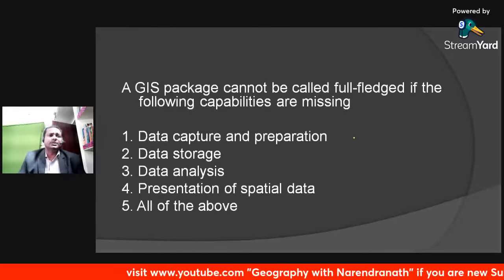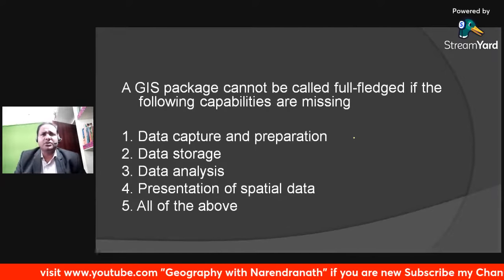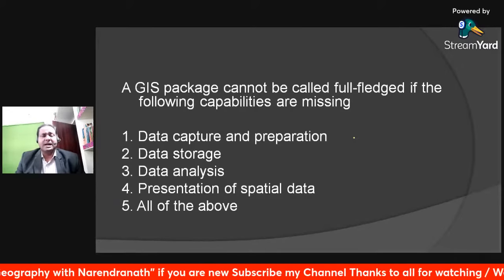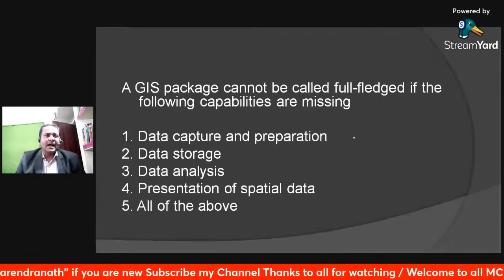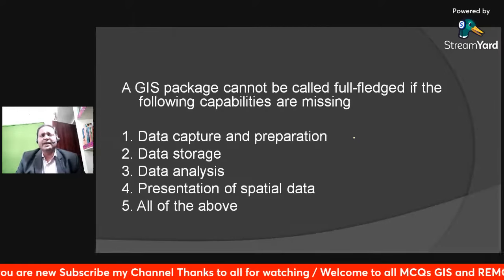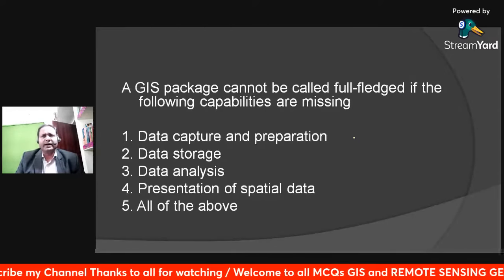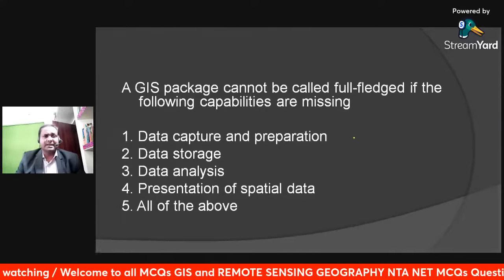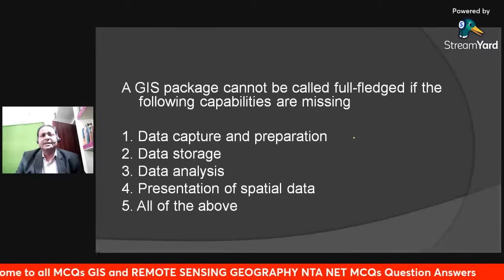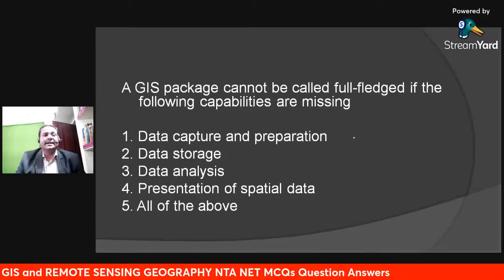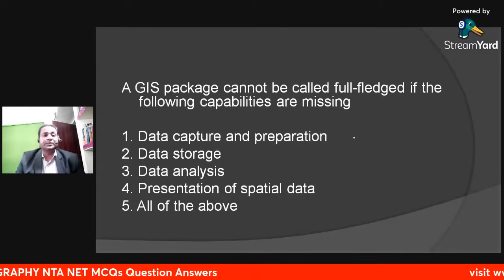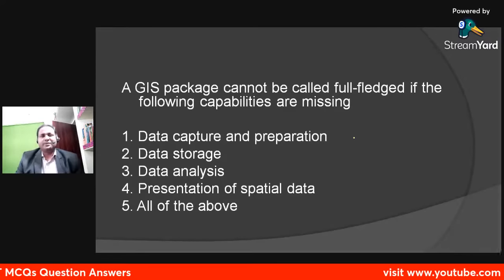Once again, there is the question: a GIS package cannot be called full-fledged if the following capabilities are missing. Very interesting. There are the data capture and preparation, and also the data storage, and data analysis and presentation of the spatial data, and all of it.